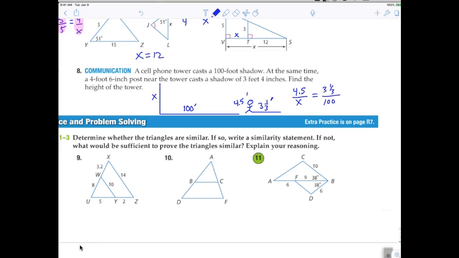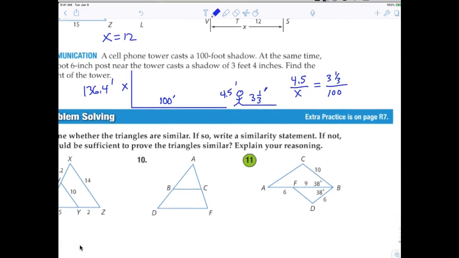I've got several different answers now. I got 136.4 feet. That's what I got. Or 135. I got 135. It can't be 135 inches. No, 135 feet, but I did inches. I did it in 136 feet.